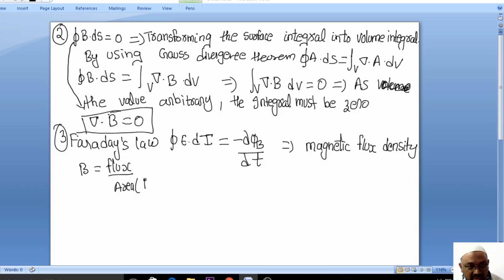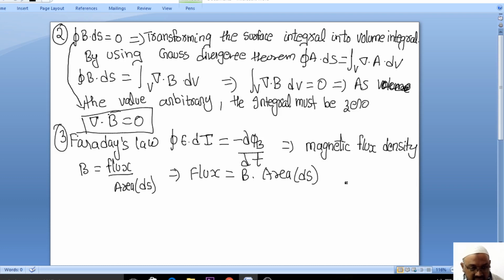What is that area? The surface area, small dS. So flux, which is nothing but Φ, will be equal to B into the area. This area is the surface area.